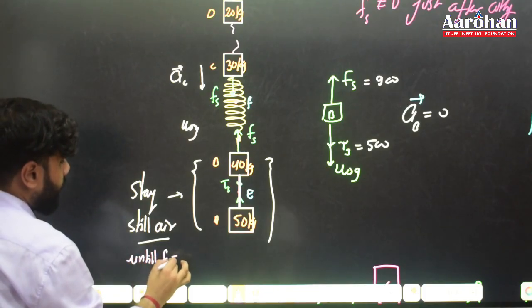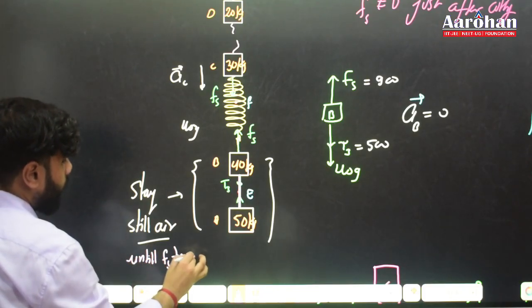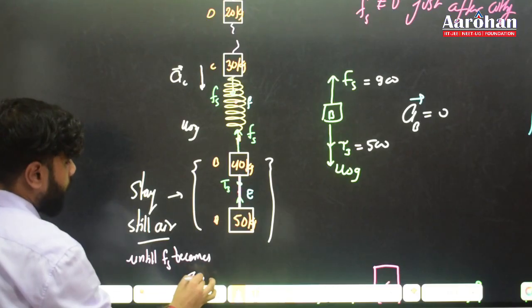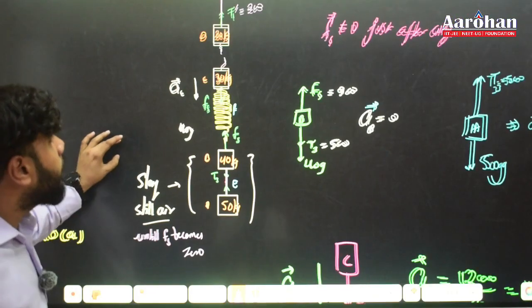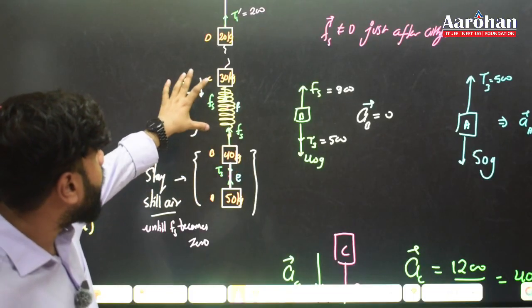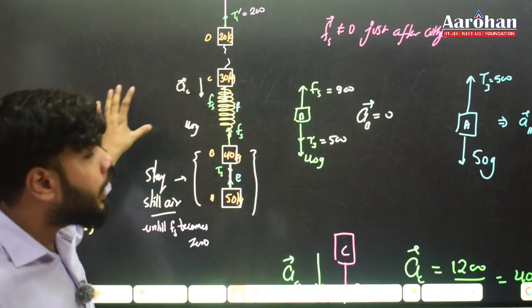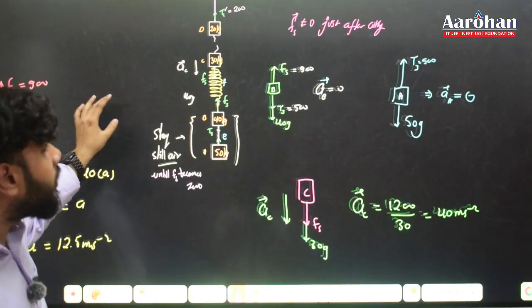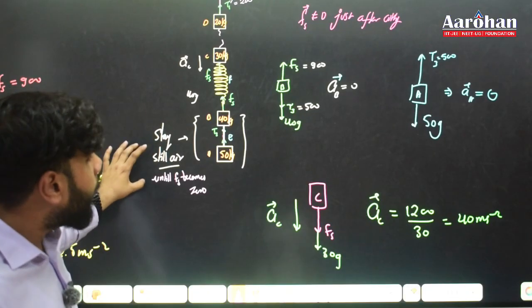This is very interesting, that the whole system is staying still and the only thing moving is the one body. You will feel like it is some sort of editing, but it is what is going to happen.